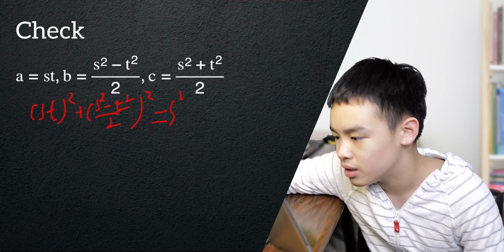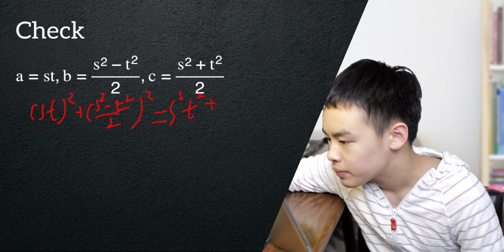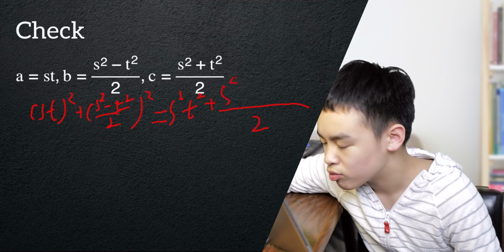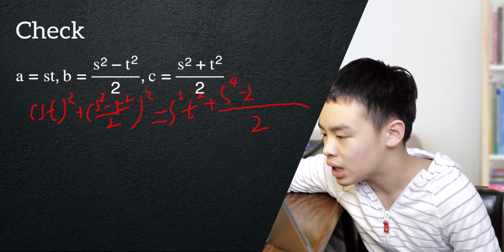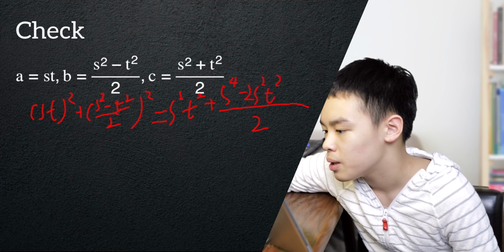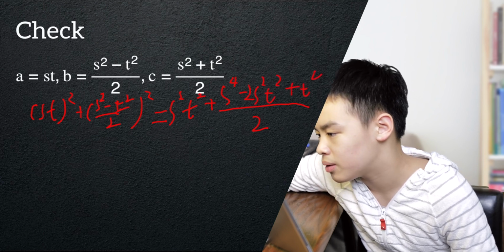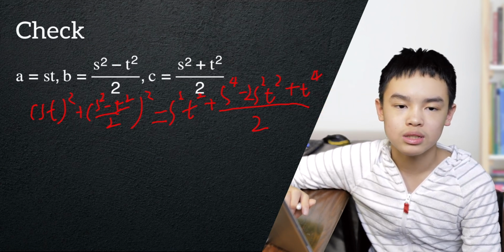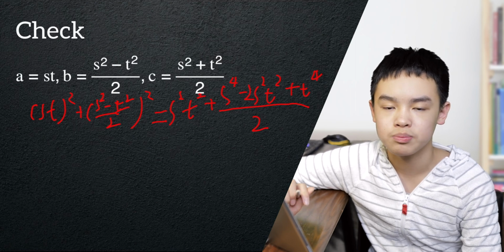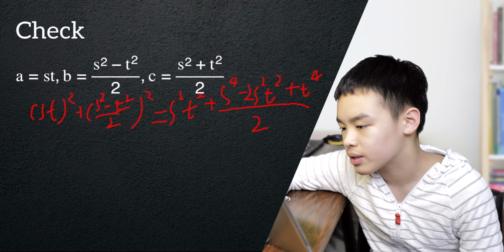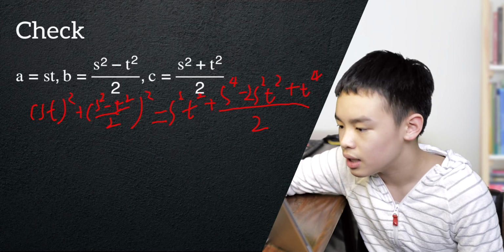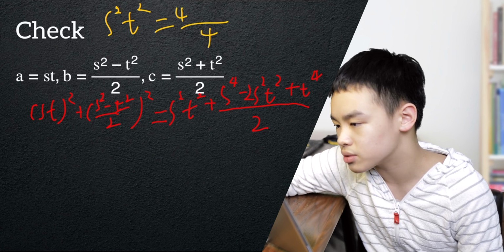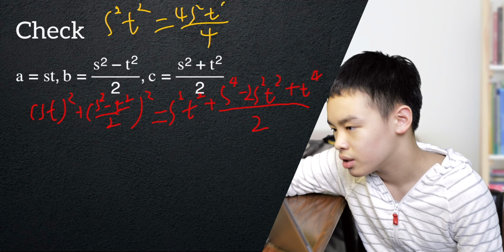We get S squared T squared plus 1 over 4 times (S to the 4th power minus 2 times S squared times T squared plus T to the 4th power). For those who do not know, (a minus b) squared equals a squared minus 2ab plus b squared. And we see that S squared T squared equals 4S squared T squared over 4.